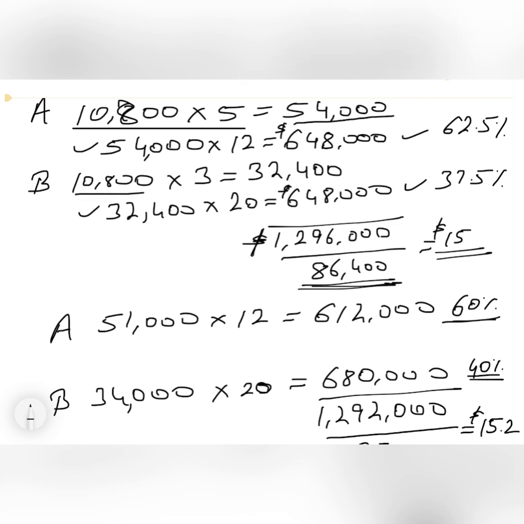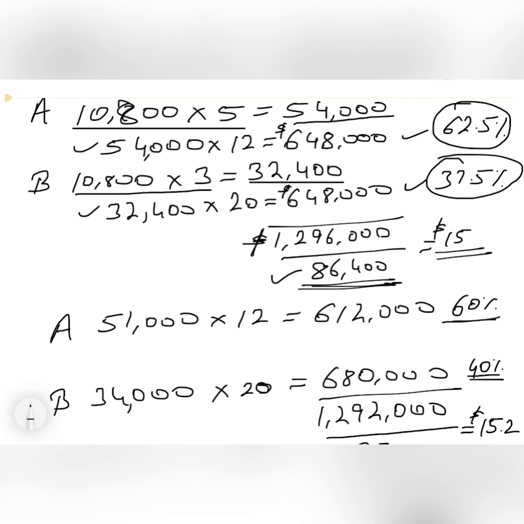And at 3 hours per unit, you're supposed to use 32,400 hours. So 54,000 plus 32,400 is equal to 86,400 total hours. So 54,000 divided by 86,400 gives you 62.5%, and 32,400 divided by 86,400 will give you 37.5%.